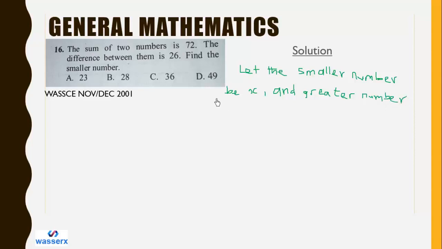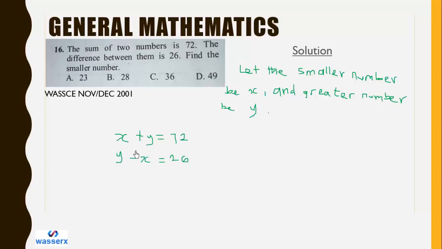If that is the case, then their sum, that is x plus y, is equal to 72. Then their difference, so you have to be careful over here because y is greater, so we get y minus x equals 26. If you take it the other way around, you get it wrong.